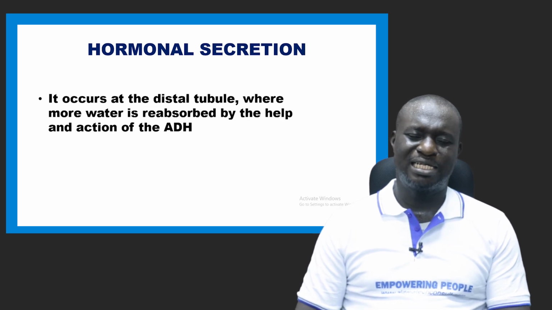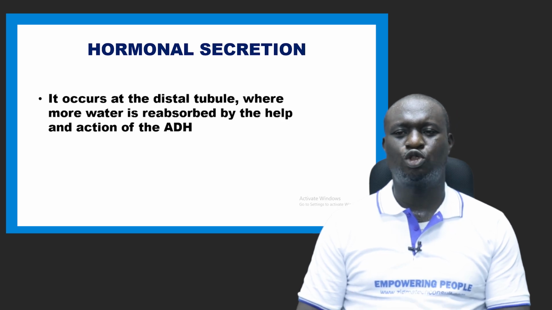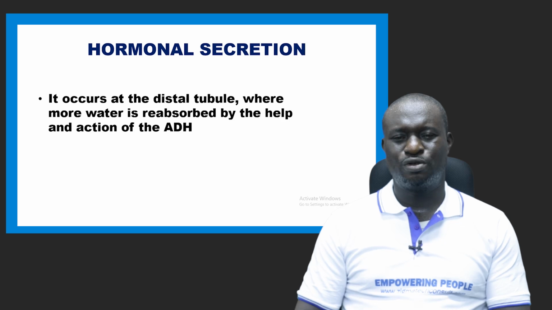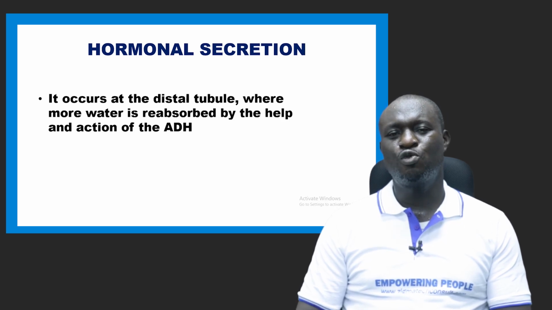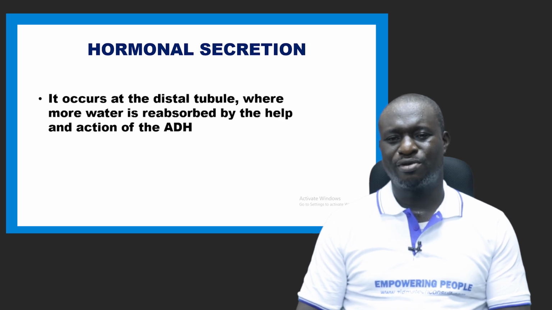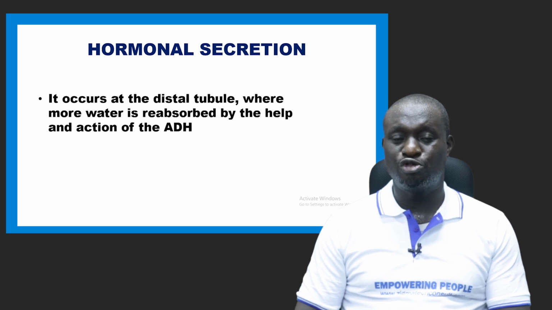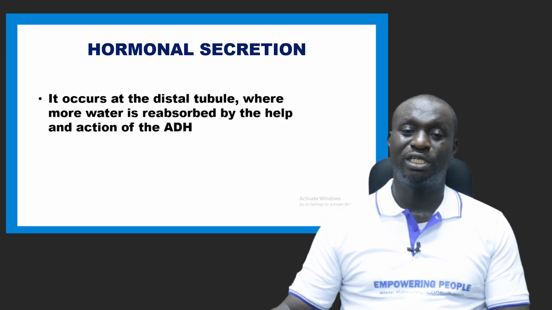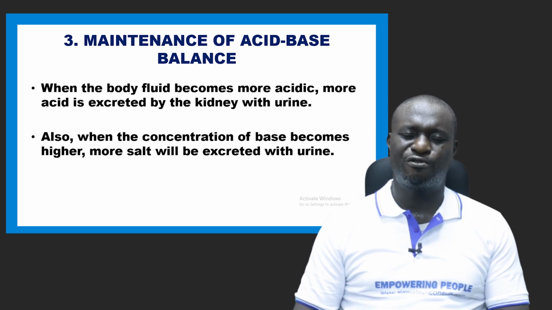As ADH comes into the game, it helps the kidney to reabsorb more water. Now, this leaves the urine few in volume, but very concentrated. I repeat again, the ADH is produced by the pituitary gland. So these are the three main stages during urine formation.